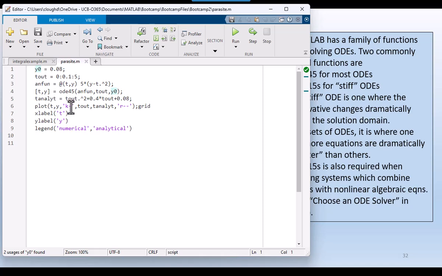And then we devise an anonymous function, which is 5y minus t squared. Notice the use of the dot operator there for the squared. And then we call ODE45 with our function, the time values where we want to see the solution, and the initial value.